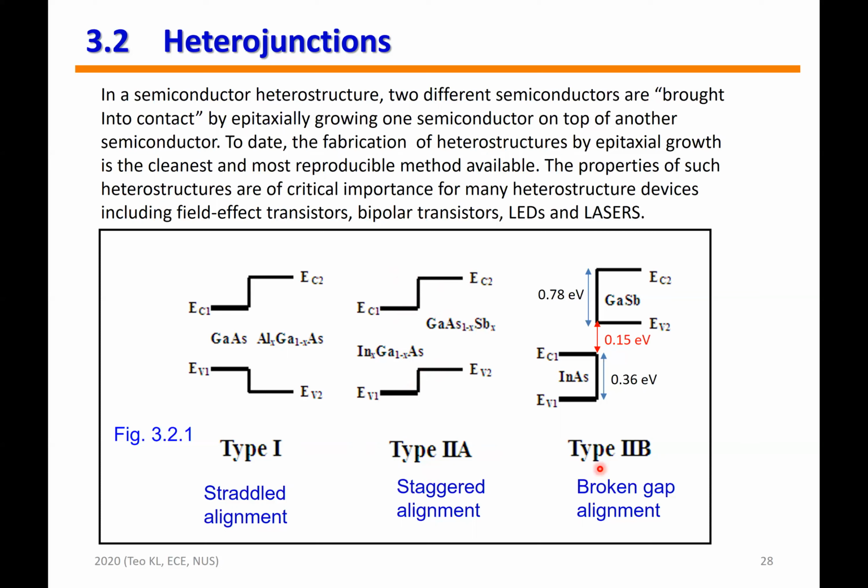And the other type is known as type 2B, and this is known as the broken gap alignment. So if we try to grow gallium antimonide and indium arsenide, the gap is broken. So this is the band gap of gallium antimonide, this is the band gap of indium arsenide. And this 0.15 eV is the broken gap.